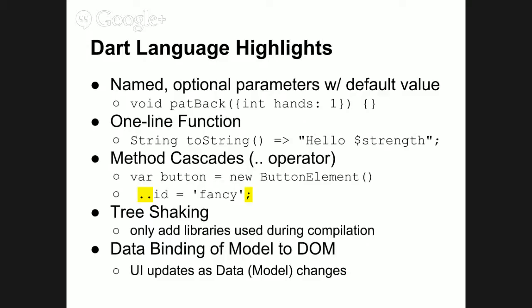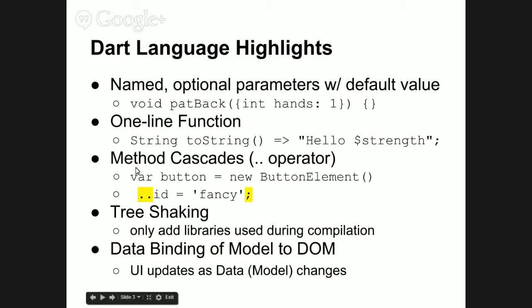So this is new content. This is the Cliff Notes version. Dart is basically like C++, except it has some enhancements. The first is named optional parameters, kind of like in C#. You can have parameters that are named, and they can also have default values. This one's nice: you can make a function just by using this notation, the equal, greater than.